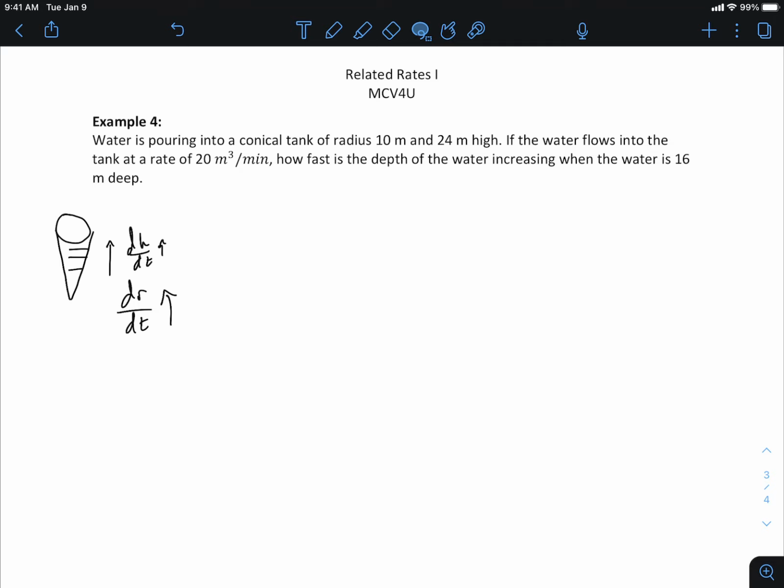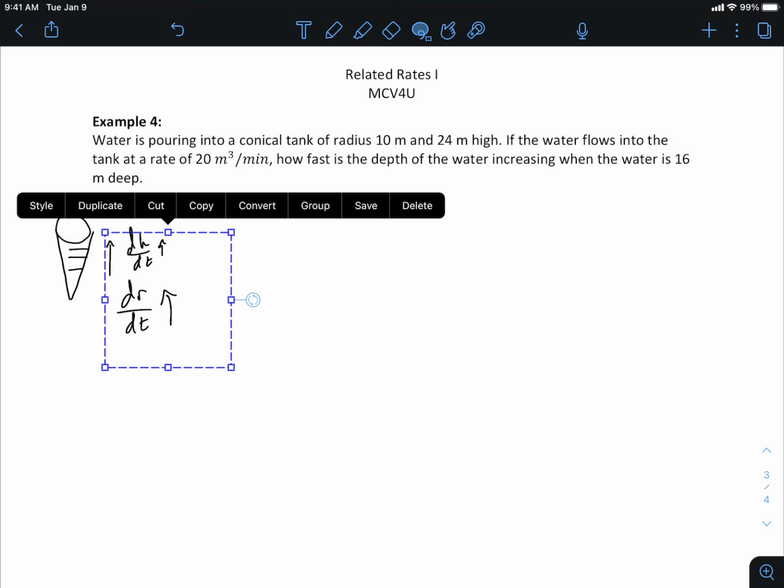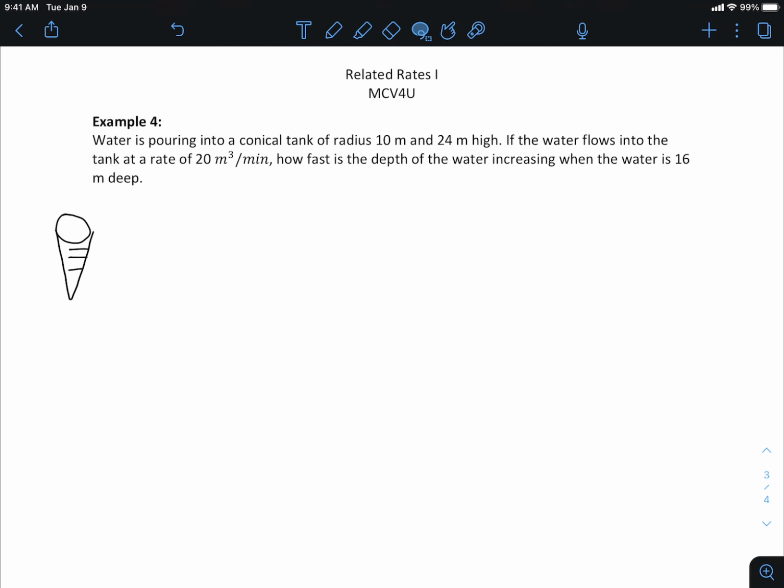So you have to ask yourself, how do I deal with a situation like this? Because you're not always going to have all this information. We know how much water is flowing into the tank at any given time. That's given to us in the question. We can also write down the radius at the top is 10 meters, and the height is 24 meters, top to bottom.